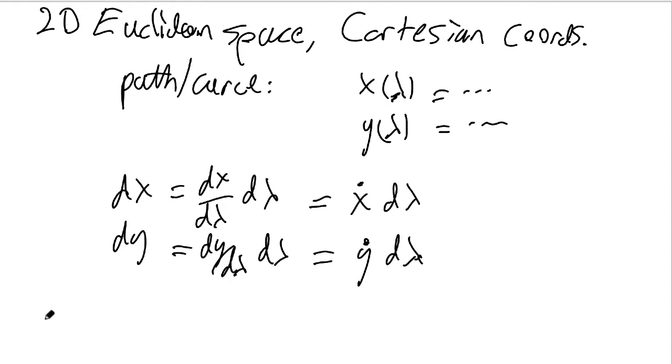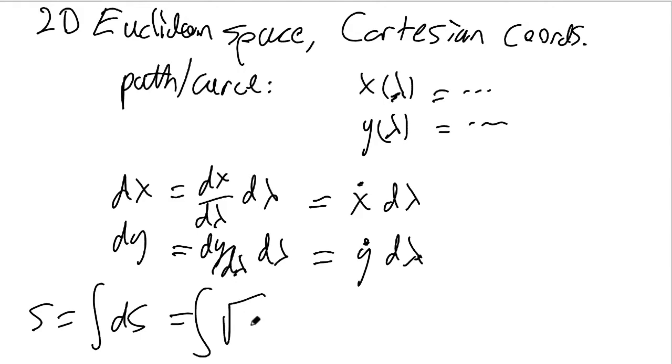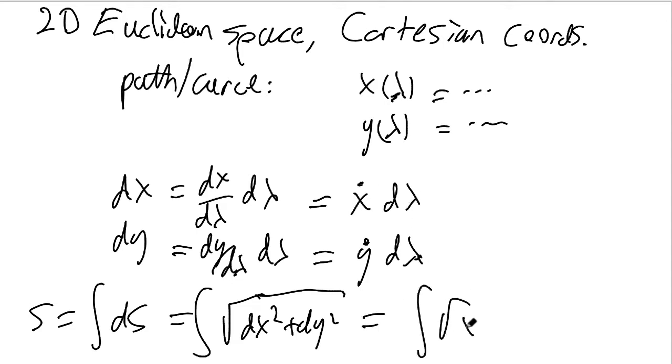Now we insert this into our expression for the distance along the curve. ds is the square root of dx squared plus dy squared. dx squared is x dot squared d lambda squared. So this is the square root of x dot squared plus y dot squared d lambda.